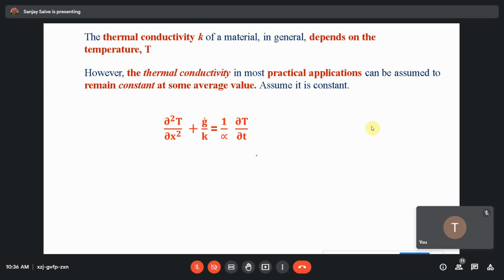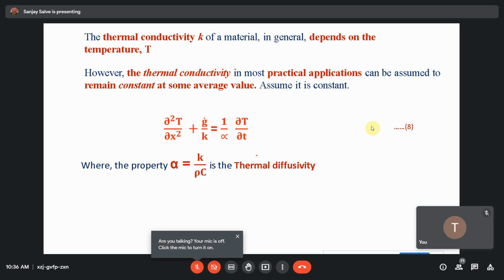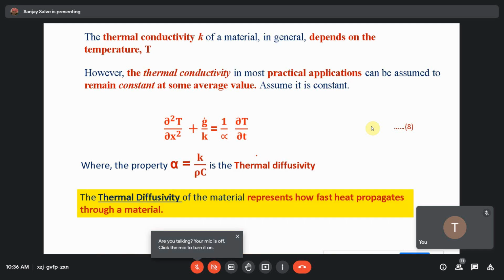Now here alpha is nothing but the thermal diffusivity. The property alpha is equal to k upon rho C. What is thermal diffusivity? Thermal diffusivity of the material represents how fast heat propagates through that material.